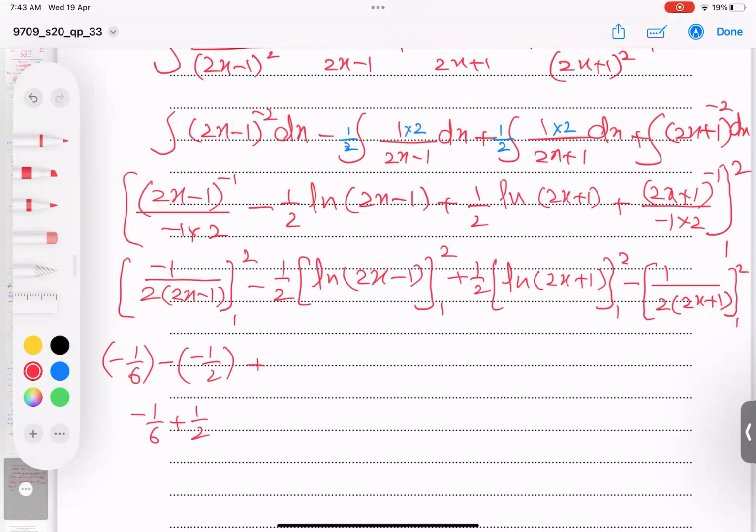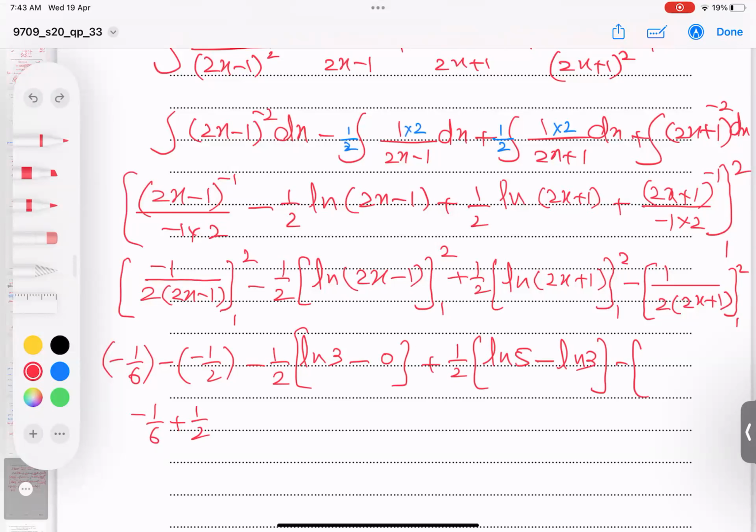This comes from here. What about this, students? When I plug in 2, 2 twos are 4, 1 gone, 3, log of 3, minus. When I plug in 1 here, log of 1 is 0, so I'm writing directly 0. 2 to the 4 plus 1, log of 5, minus, plus 1 there, I get a 3. When I plug in 2, wait a minute, let me check.